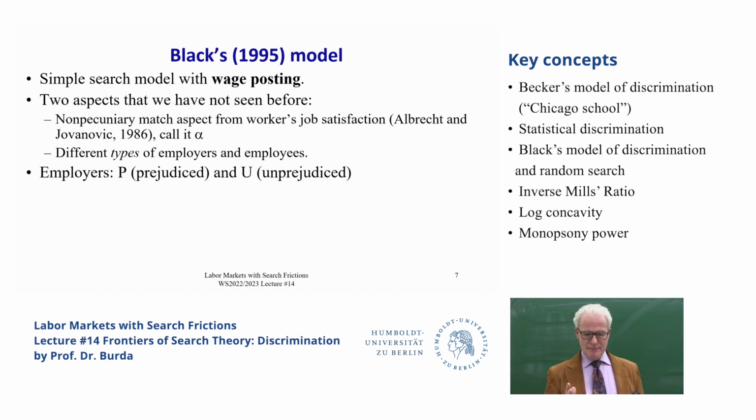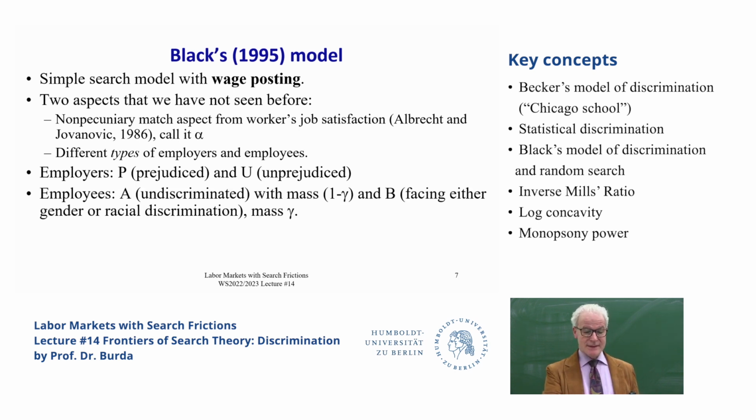Now, in this model, that won't happen. Okay, so it is a potential equilibrium where you have the coexistence of prejudiced and unprejudiced employers, and they both can make a profit. They can both find workers, but the prejudiced are going to reject out of hand anyone from the discriminated group.